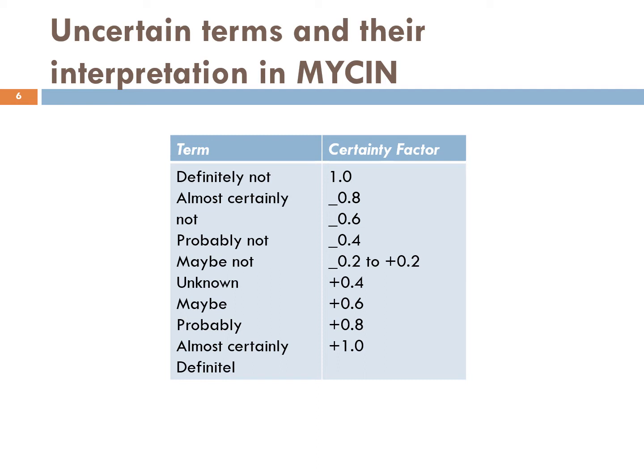Okay, certain terms and their interpretation. We have the terms from definitely not to definitely. Due to the copying, the table is not aligned with the terms and the certainty factor, but you try to make it align.